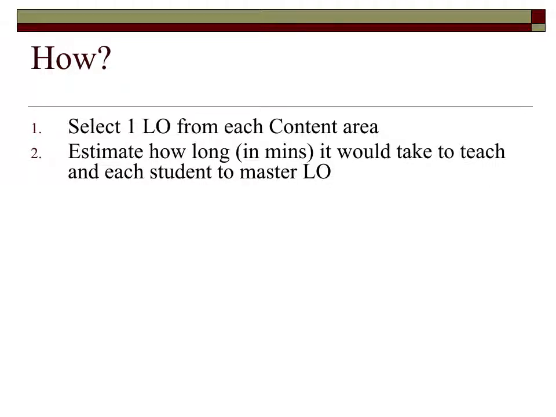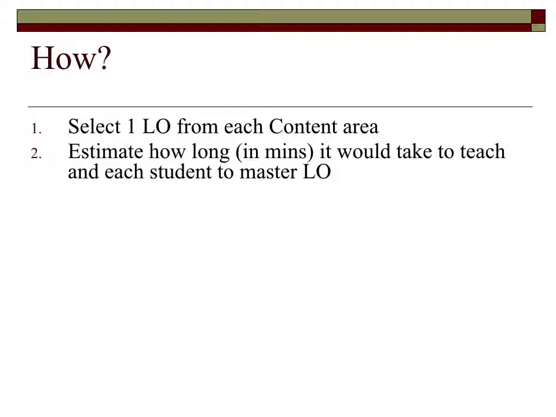Then you're going to estimate in minutes how long it would take to teach each student to master that particular learning objective. Now, if we were really doing this in a curriculum process, you would have each teacher do this. So if you had a committee of 5 teachers, each teacher would do all this calculation and guesstimation, because it is a guess.